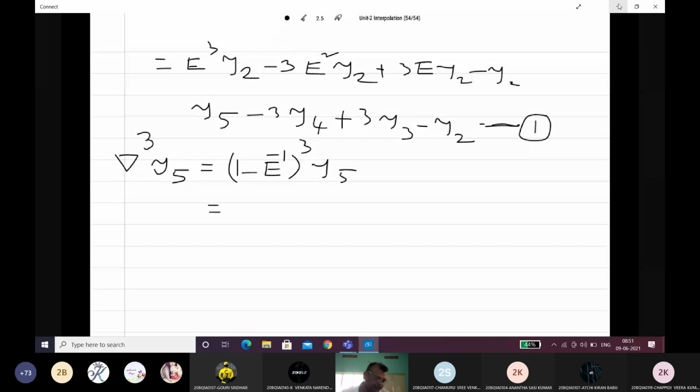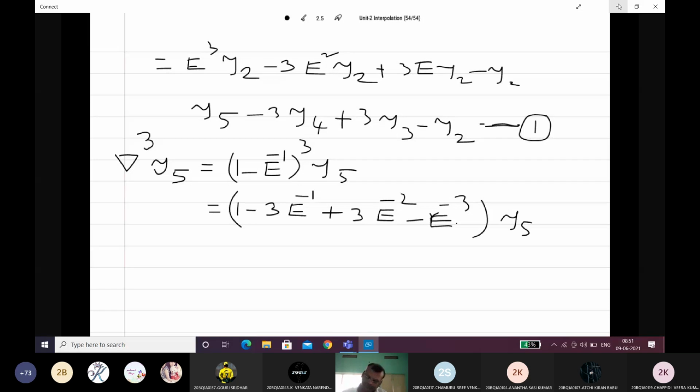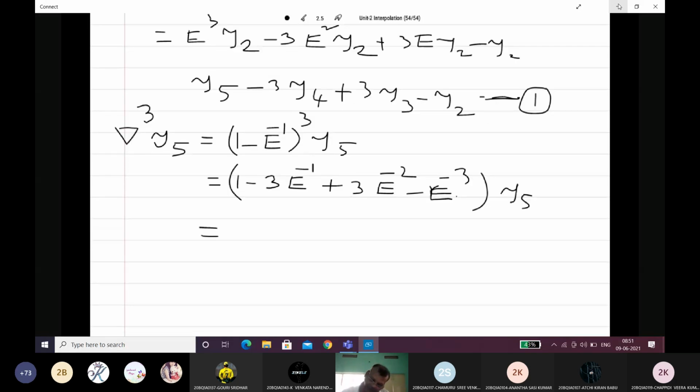Same a minus b whole cubed: 1 minus 3e power minus 1 plus 3e power minus 2 minus e power minus 3 of y5. Same, that is equal to y5 minus 3 y4 plus 3 y3 minus y2. So this is equation 2.